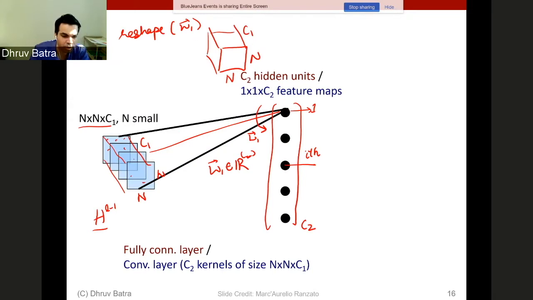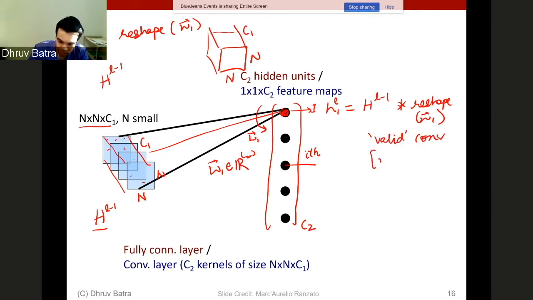This is the reshaped W1, and it is the same size as HL minus 1. And I can say that this particular scalar HL1 entry is simply HL minus 1 convolved with reshape of W1. And this is a valid convolution setting that we're doing with no padding.